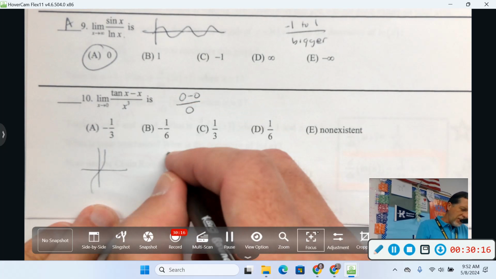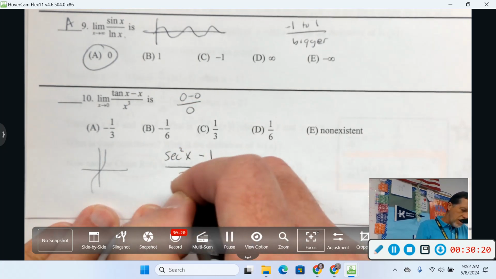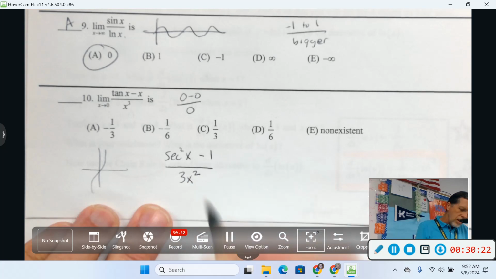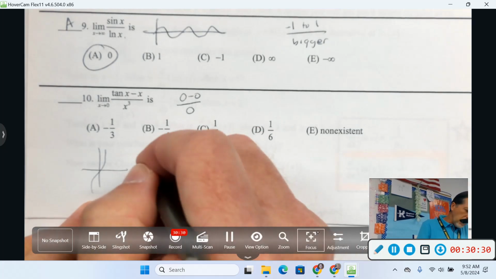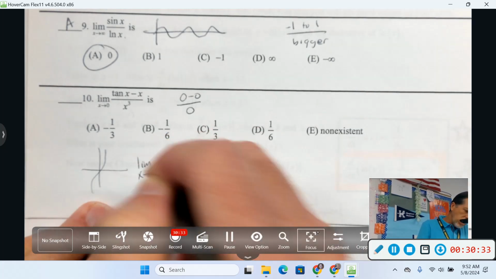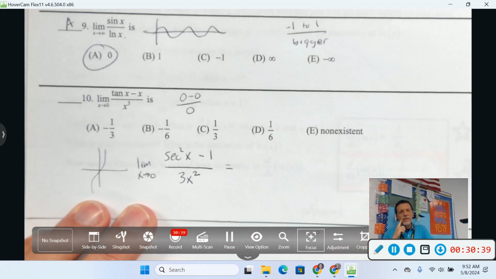Derivative of tangent is secant squared. So secant squared x minus 1 over 3x squared. If I plug in 0, let's see, secant of 0, the cosine of 0 is 1. I flip that over, and if I square that, I get 1 minus 1.